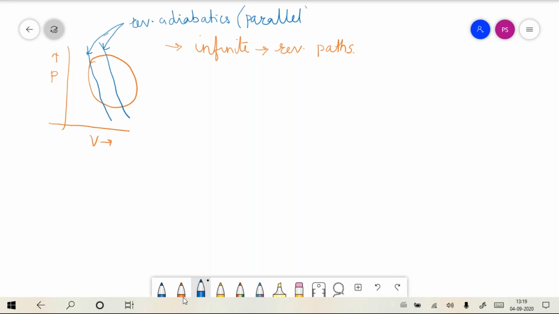So this we had proved. What did we prove? We had proved that if you consider any reversible zigzag path, it comprises two reversible adiabatics and a reversible isotherm in between.